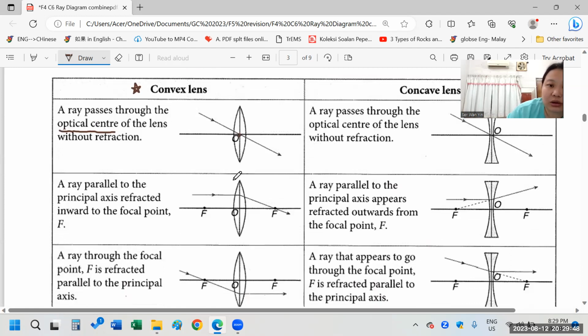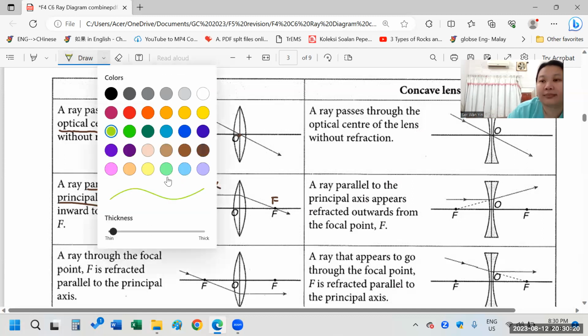Now, this is called KF. Here is K, here is F. When the light ray is parallel to the principal axis and passes through the lens, it will be refracted, meaning bend. Refracted means bend towards the focus, F. Remember just now I said this is kotak.